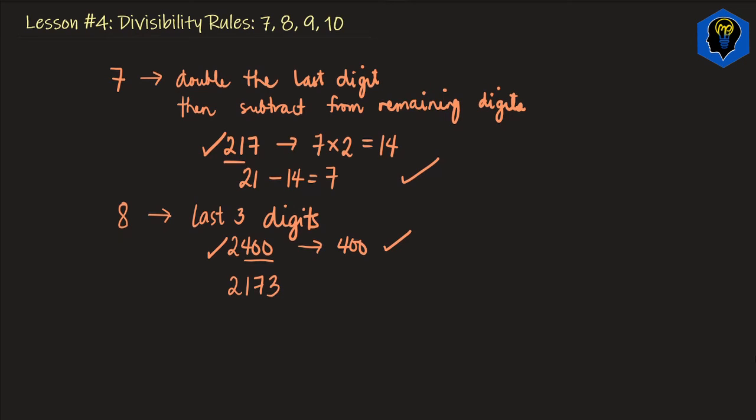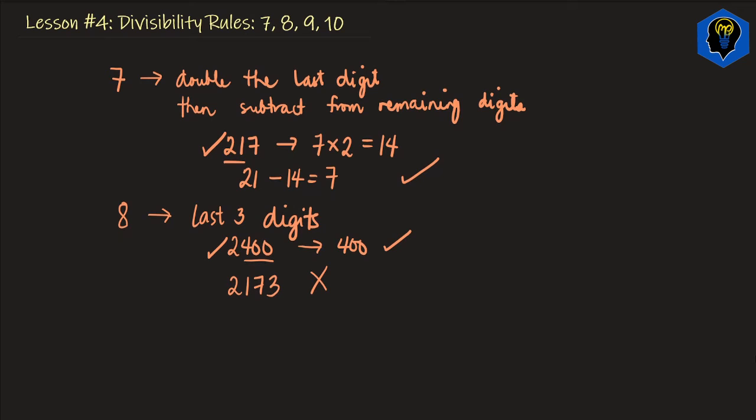Tingnan mo muna kung odd or even. Kapag odd, automatically, hindi na siya divisible by 8. But if it is even, like our example, 2,400, then you may proceed now with your divisibility rule. So parang may process of elimination muna. Titingnan mo muna kung even, and then that's when you proceed with the last 3 digits if divisible by 8.